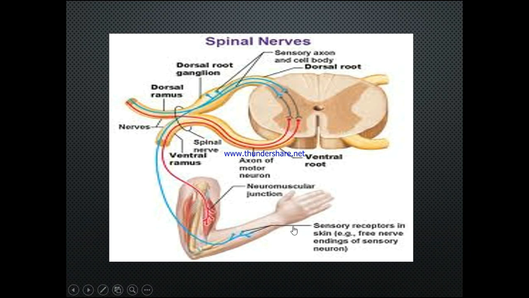What we can see here is an example of sensory receptors in the skin, for example a free nerve ending of the sensory neuron. If we touch something like a hot plate or something sharp, we get this afferent signal which goes up via the dorsal root ganglion. We have the sensory axons and the cell bodies of the dorsal root.